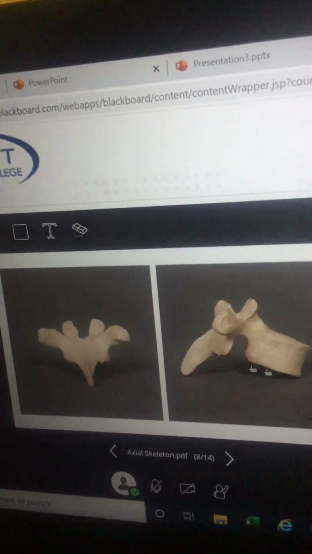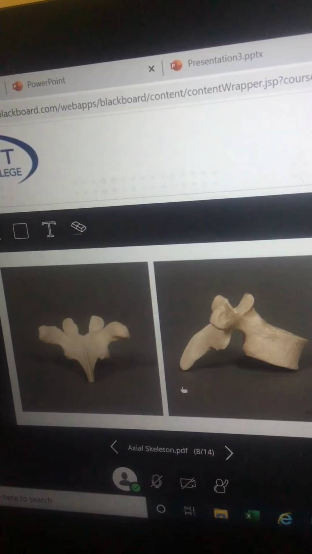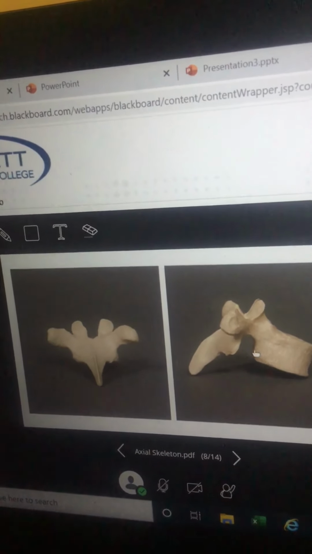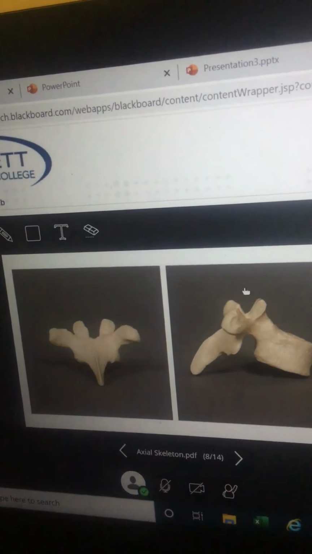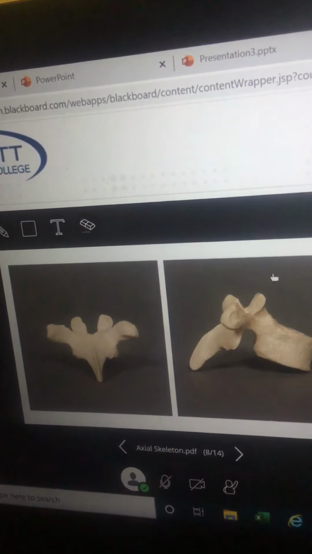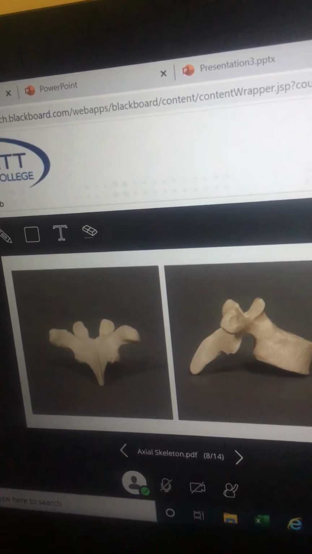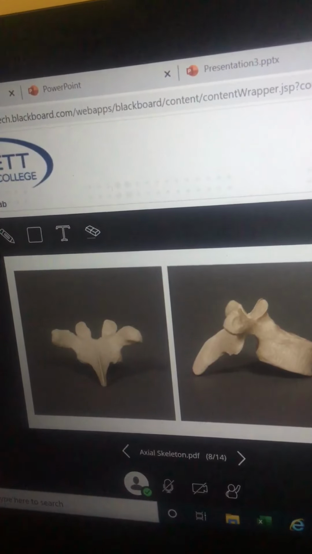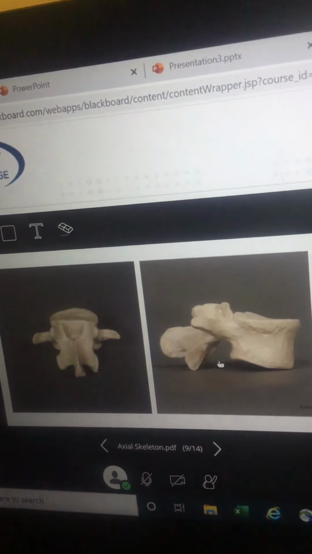Because you have another vertebral disc and spinous process, that makes that foramen. If there's one up here, the intervertebral foramen would be up here. So on this one, this would be where the intervertebral foramen would sit.